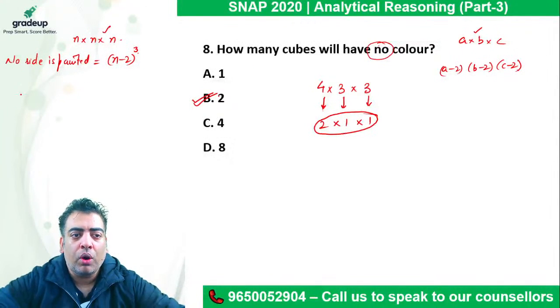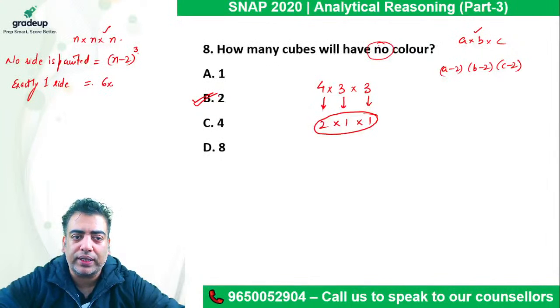All right. On the other side, if we are required those whose exactly one side is painted, then they are always the ones which are on the faces, and there are 6 such faces, and each face will have (n minus 2) square number of cubelets.